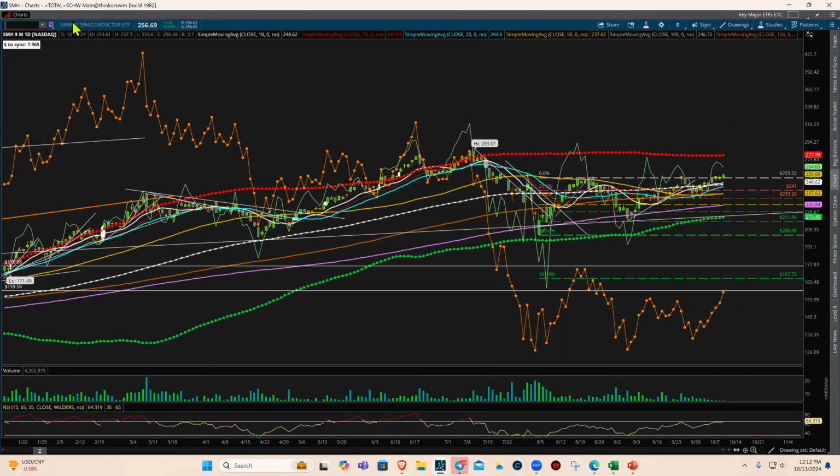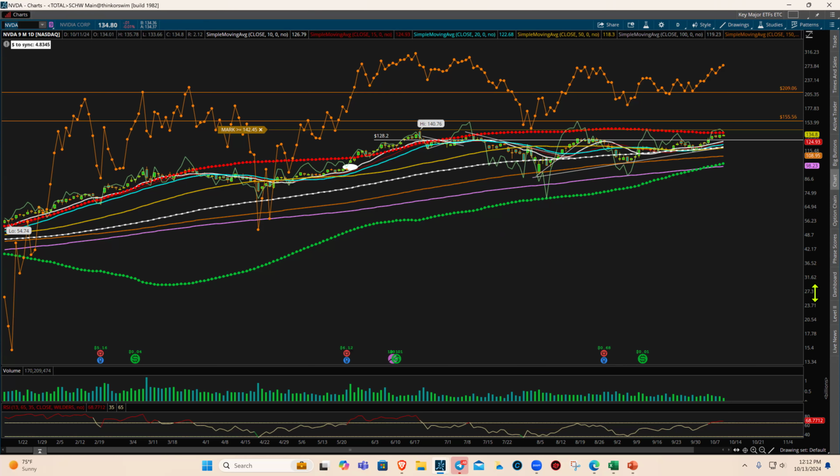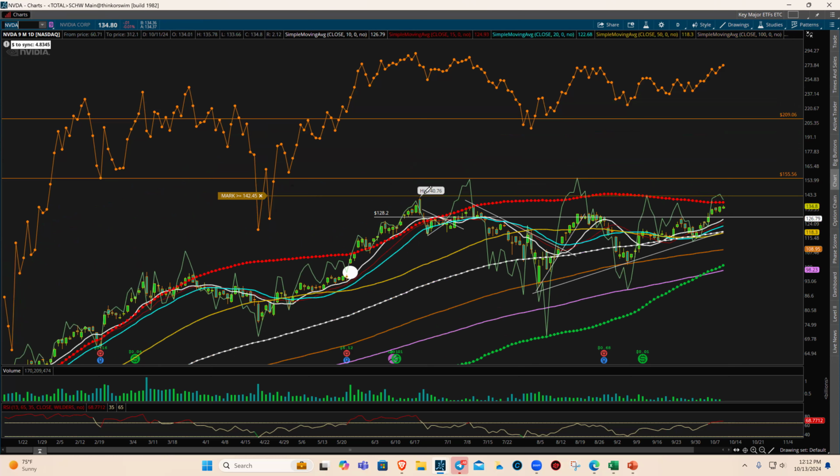If it doesn't do that, and we've had a ton of paper, and mostly all bullish paper, and I keep waiting for NVIDIA to potentially take a run at this high, and I've mentioned it the last, I think, couple of weeks. You could sort of see an ascending triangle here too.